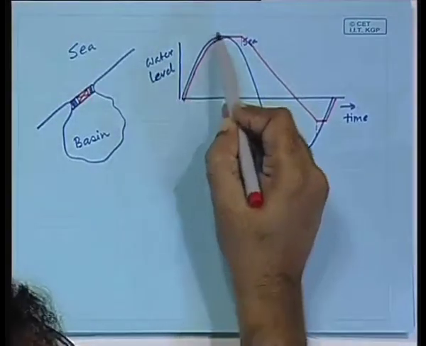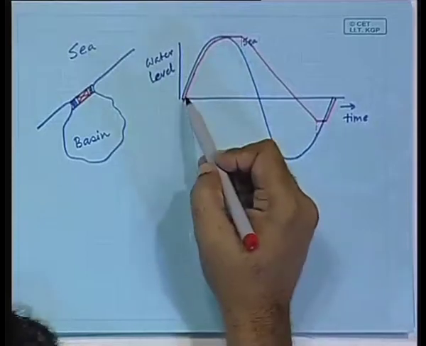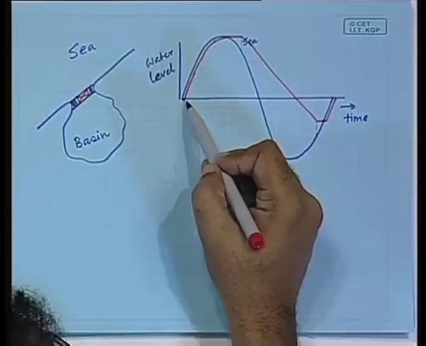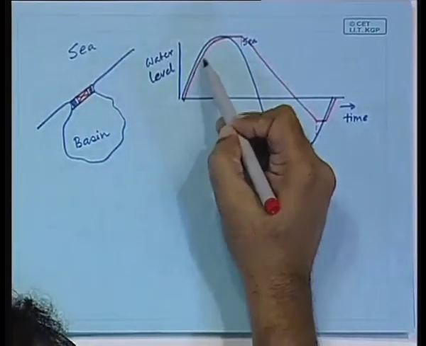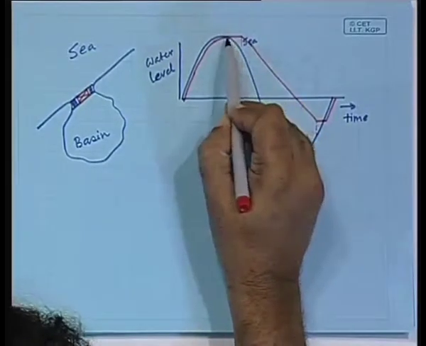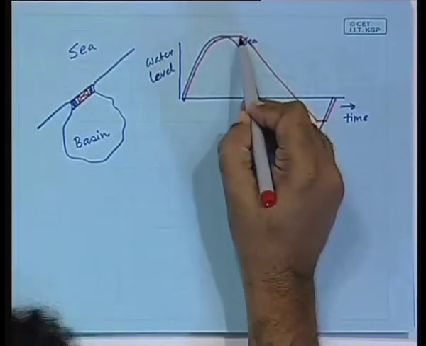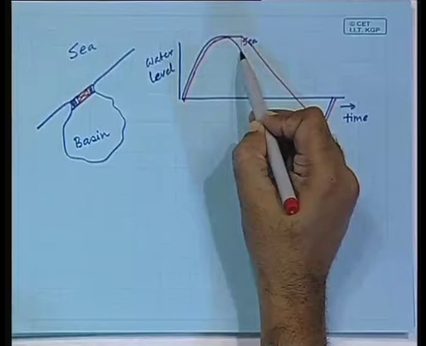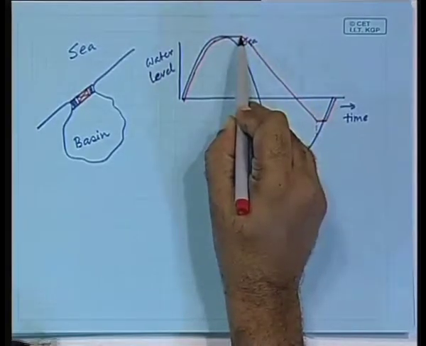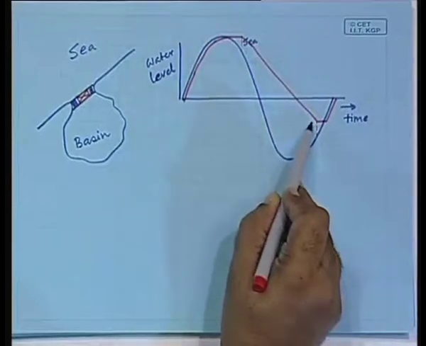So, what is happening? The sea water level is varying approximately sinusoidally. During the high tide, the basin water level is following the sea water level because the sluice gates are open, and at this time the sluice gates are closed, the turbines are also closed till a certain head builds up. At that point of time the turbines are opened, and then there is generation of electricity.